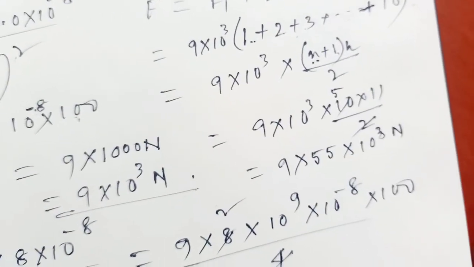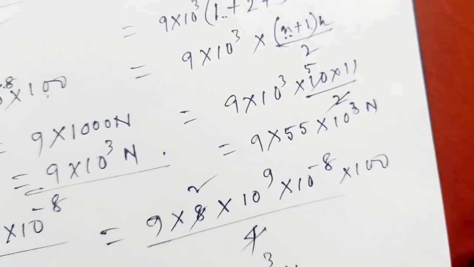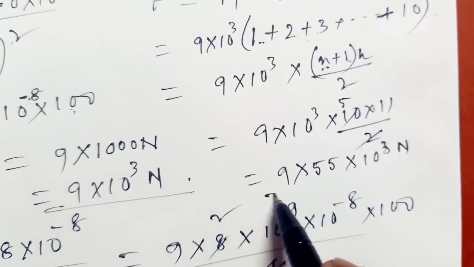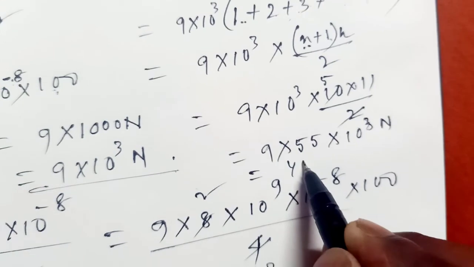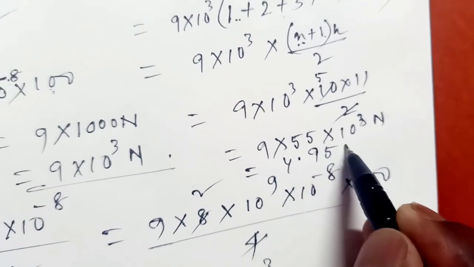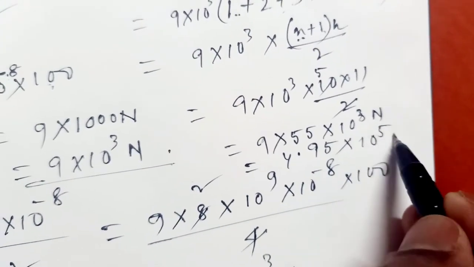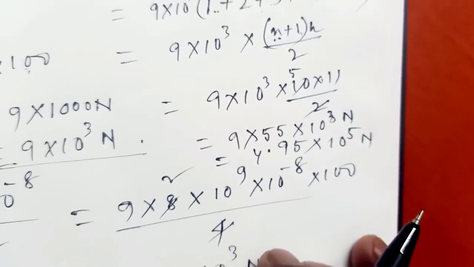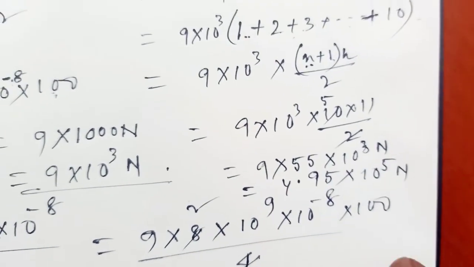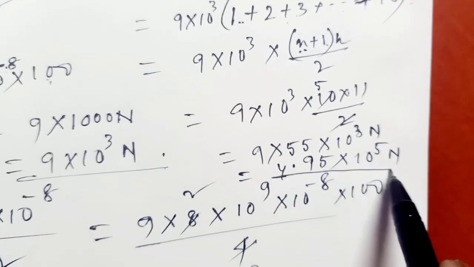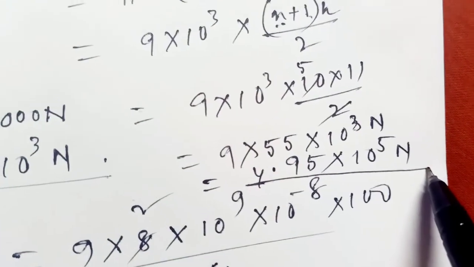So if we multiply it, then 4.95 into 10 to the 5 Newton. So this is the answer, 4.95 into 10 to the 5 Newton.